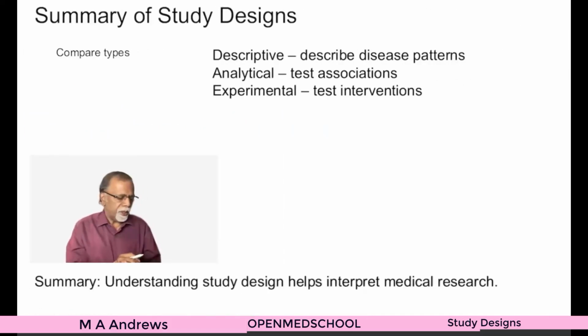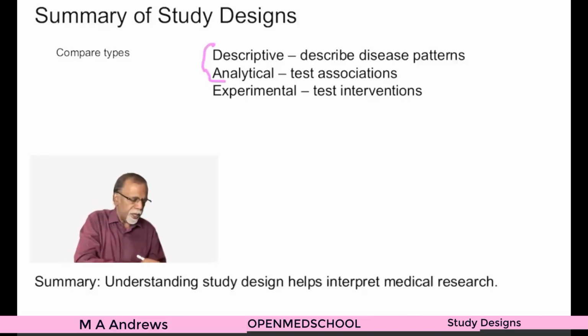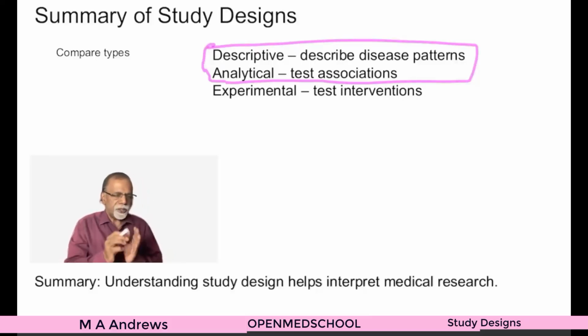So in summary, the study designs can be divided into observational and experimental. Observational are divided into descriptive and analytical. In an analytical study, you test the association. For example, smoking with the bronchogenic carcinoma. In a descriptive study, you are just observing who, when, what, where, etc. There is no intervention, no analysis.